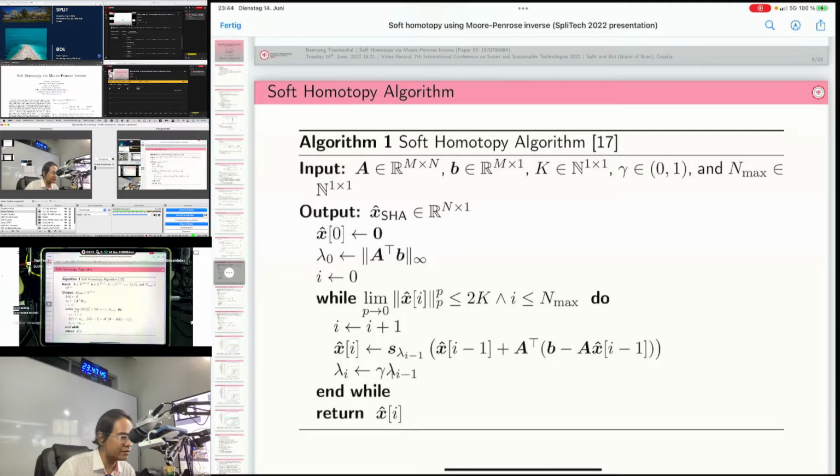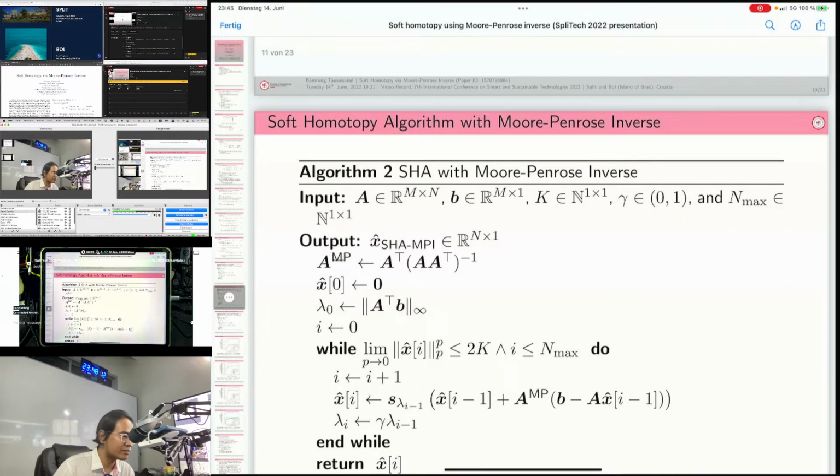We start from 0 as the initialization value. We have the soft thresholding value lambda 0 computed from the infinity norm, and our method is the same as the soft homotopy algorithm in reference 17, but we use the Moore-Penrose inverse at this location instead of the typical A transpose. So we have the additional (A A transpose) inverse here, and the stopping criterion is the same as this one, less than or equal to 2k.